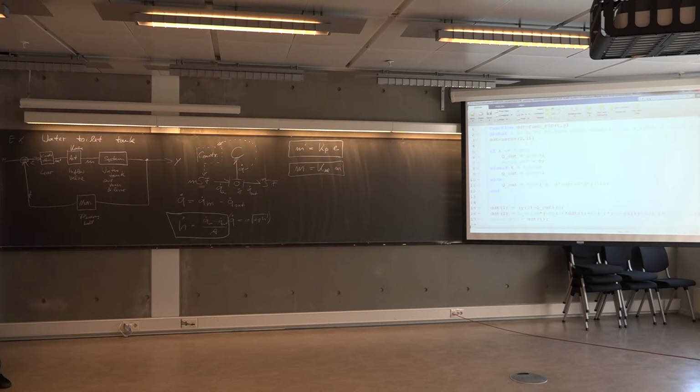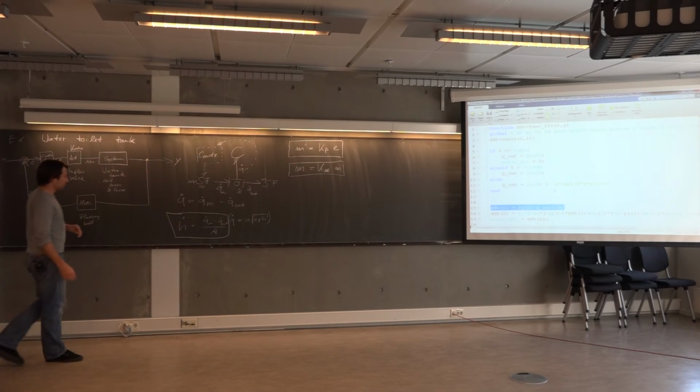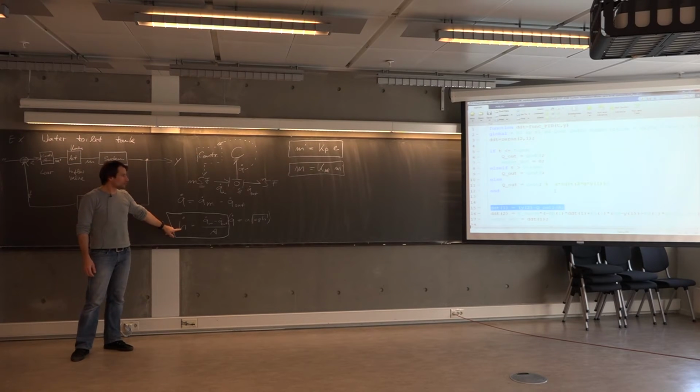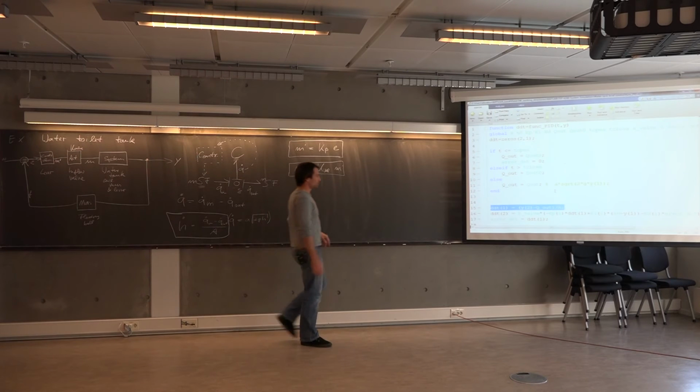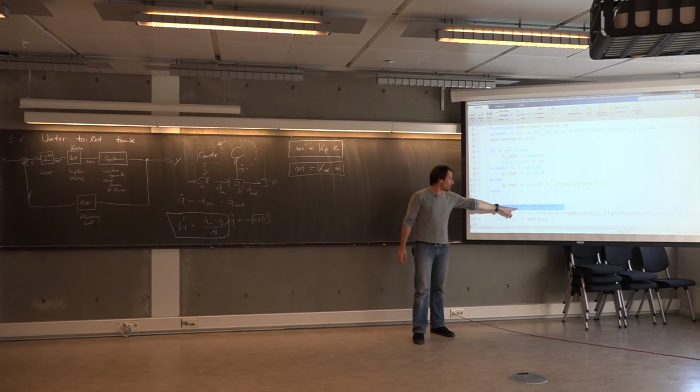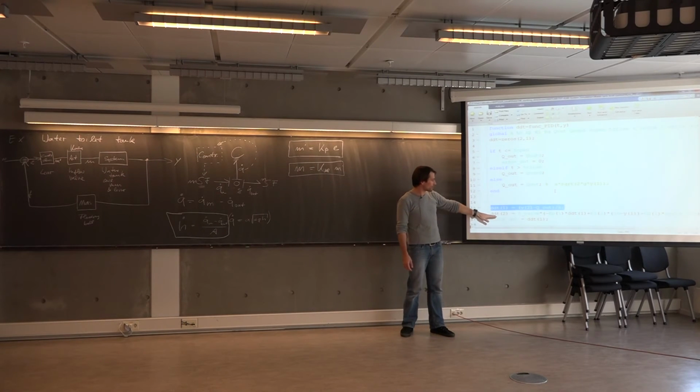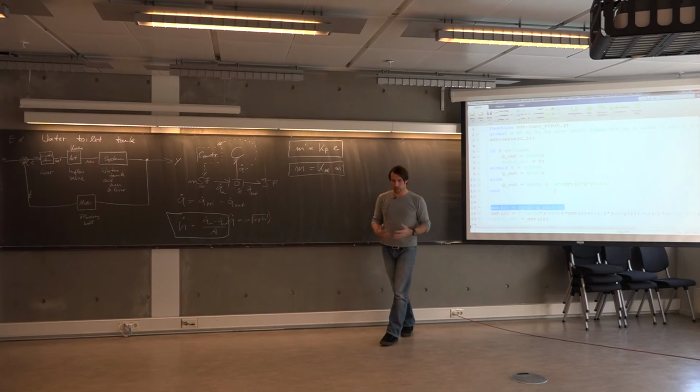What we do here is implement one equation for the change in water height, this one here. Q in, the inflow, is the second state, y2, so basically the solution of this second equation, which represents the controller.